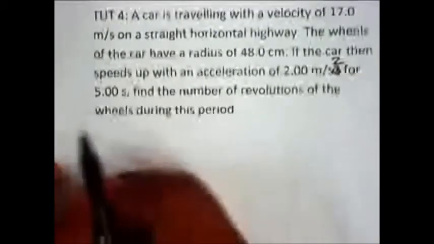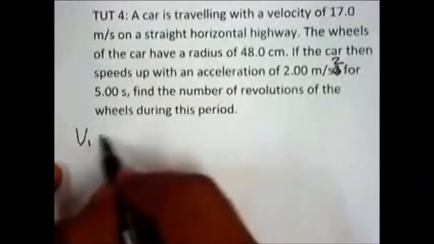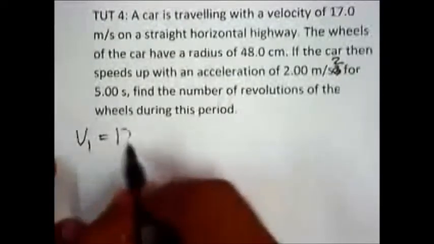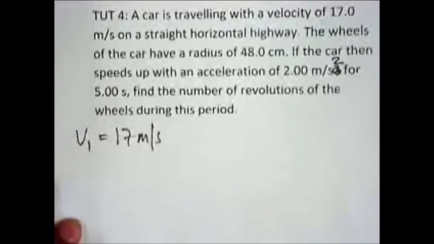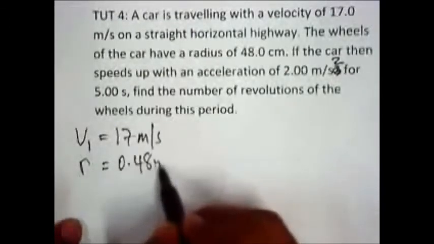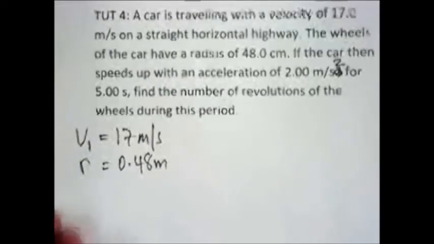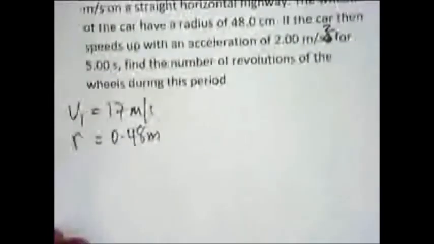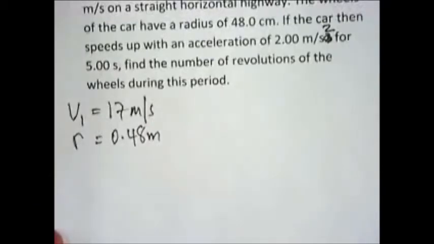So your initial linear velocity is 17 meters per second. Looking at the units, you should straight away know that it is linear velocity and not angular velocity. The radius is given as 0.48 meters. Make sure you convert it to meters, the standard unit. If the car then speeds up, the final velocity is something we're not interested in.